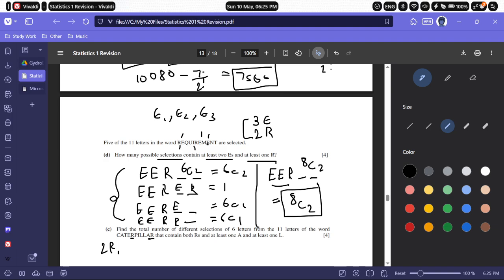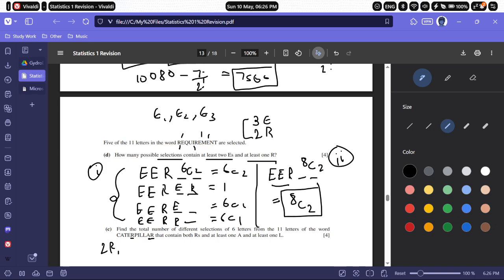So no matter what two letters you choose from the remaining 8 letters, it doesn't matter. HC2 would consider all of your acceptable cases. So if you were to find the value for the first case, it would basically be the same.